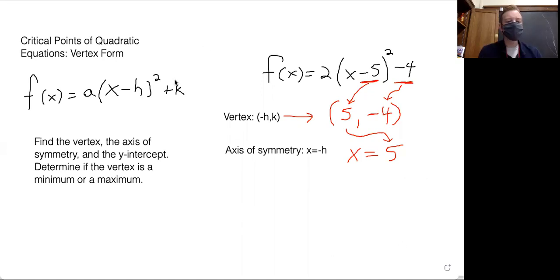The other thing that we needed to find from our vertex was we needed to determine if the vertex was a minimum or a maximum. So we need to figure out whether our graph opens up or opens down. And if you remember, the graph opening up looks like this. And so then the vertex would be at the bottom.